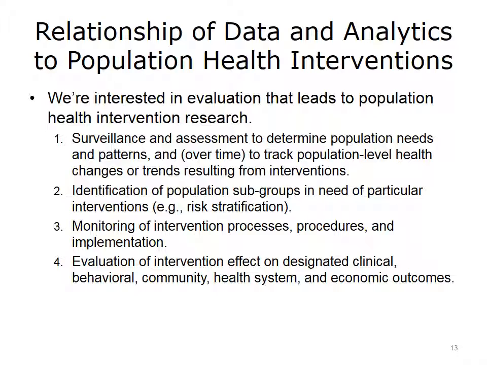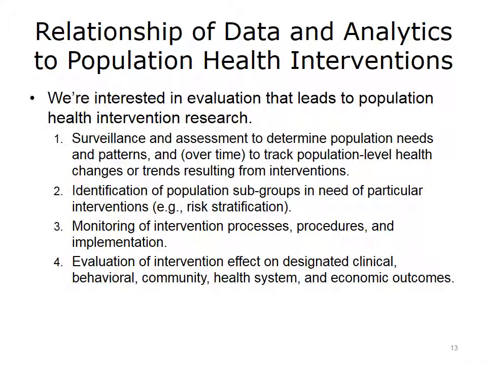We identify population subgroups in need of particular interventions using our data and analytics, such as risk stratification and risk scoring, and we monitor intervention processes, procedures, and implementation. So if you think back to the RE-AIM model, we talked about population health interventions.